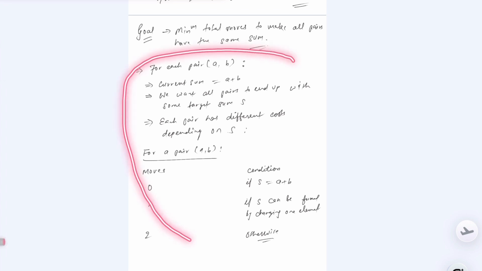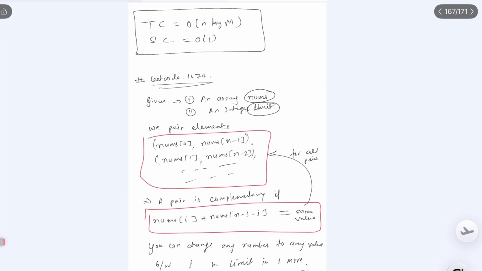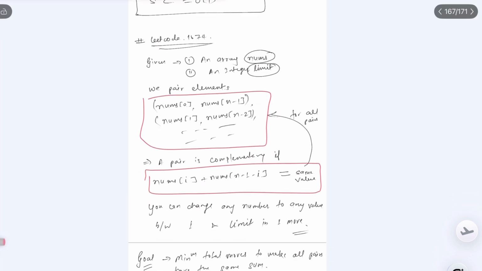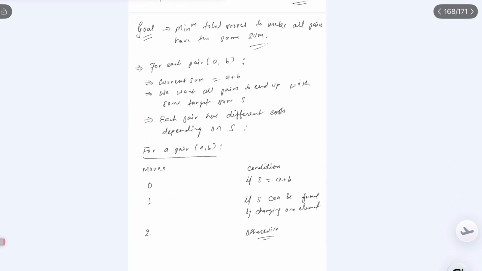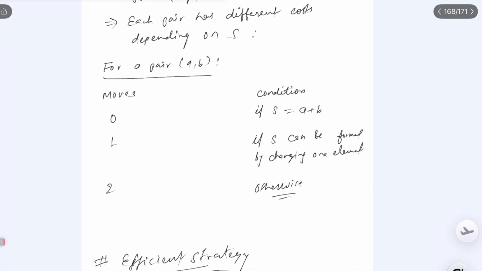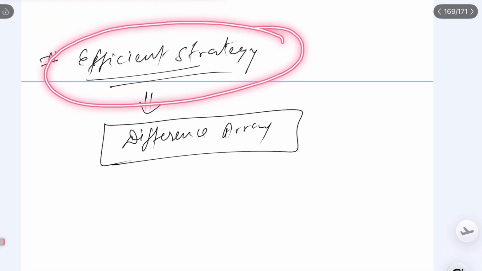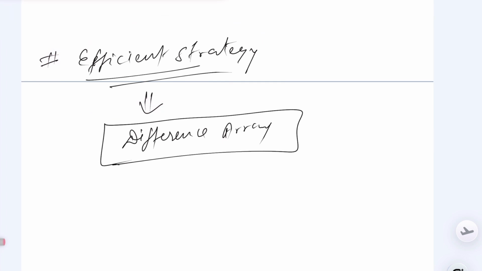If you have only one pair, you can do this. But an array contains many pairs, and doing this activity for many pairs becomes very slow. So we go with the efficient strategy, which lets you use a difference array.